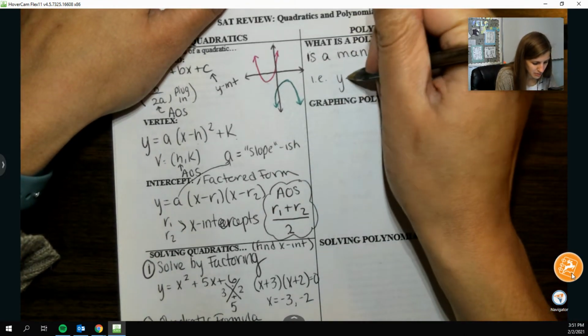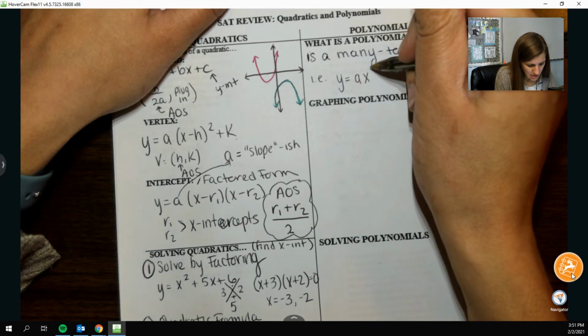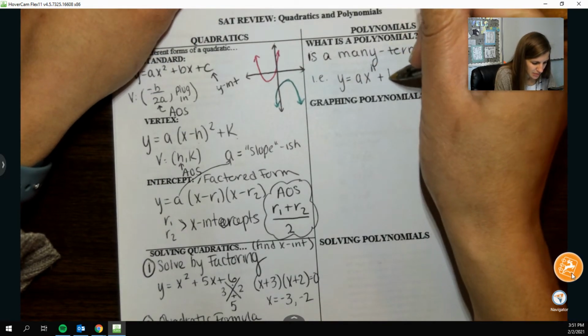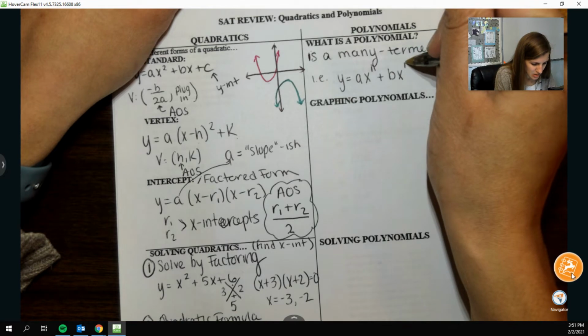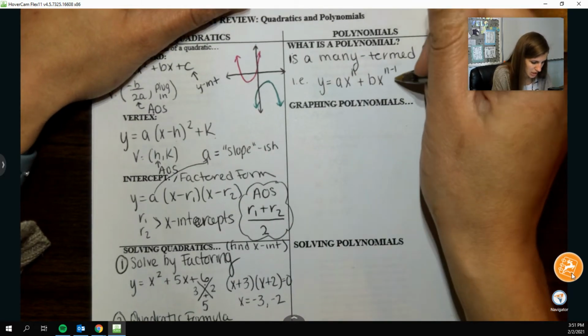And generally the way we write polynomials is y equals a times x to the n power plus b times x to the n minus 1 power. Don't freak out, I'll explain what I'm doing in just a second.